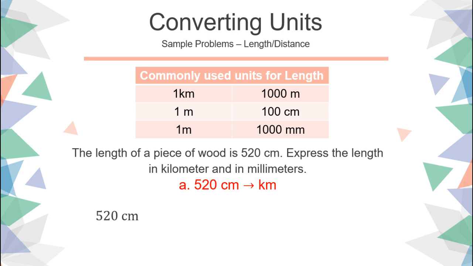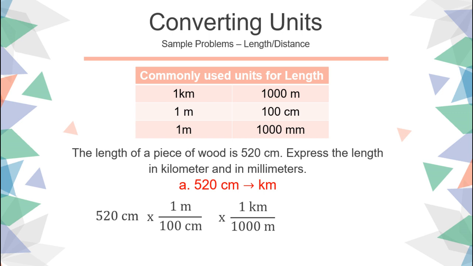So we multiply 520 centimeters times, again, the given unit goes in the denominator. So centimeter in the denominator. The equivalent of centimeter into 1 meter is 100, so 100 in the denominator, 1 meter in the numerator. Then, centimeter cancels, right? Now for 1 meter, we need to give another conversion factor. This is equal to 1,000 meters to 1 kilometer.